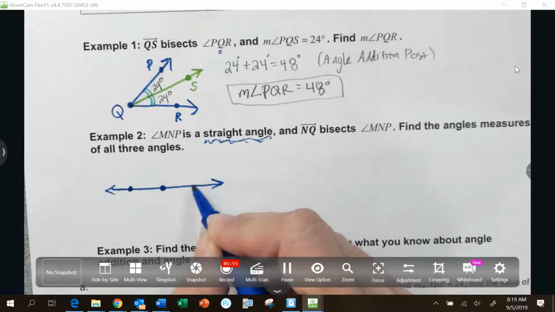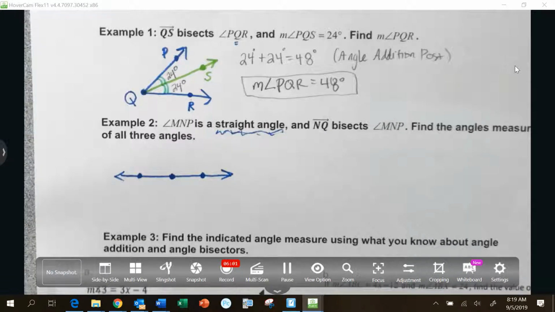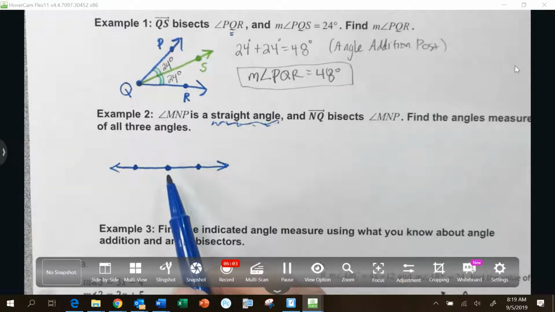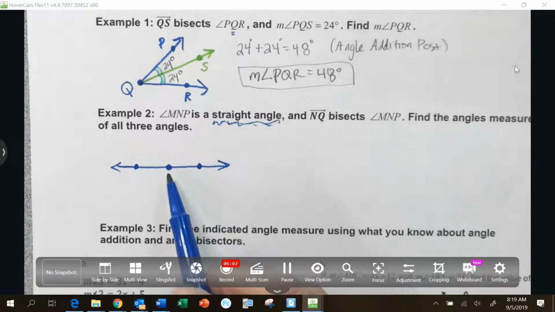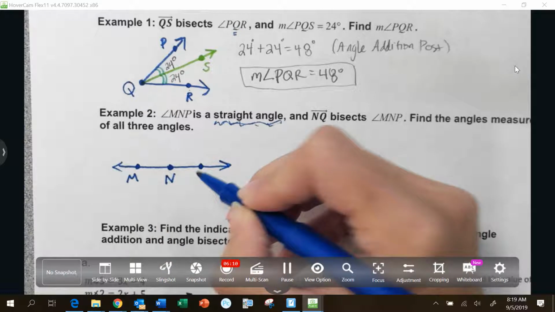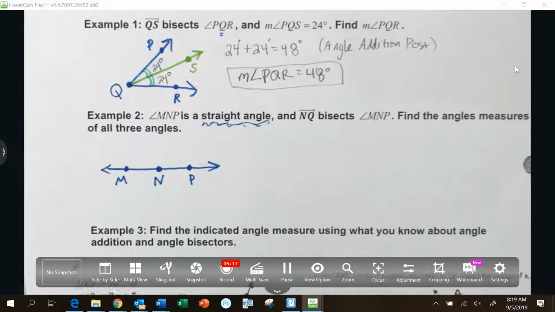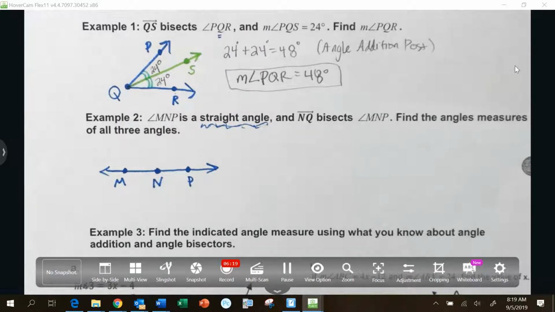I'm going to have 3 letters on this line. The question is, what should the middle letter be? Alexa, can you tell me what the middle letter will be? N is correct. Thank you. So M and P, and N is the middle because that's the vertex of the angle. It says NQ bisects.